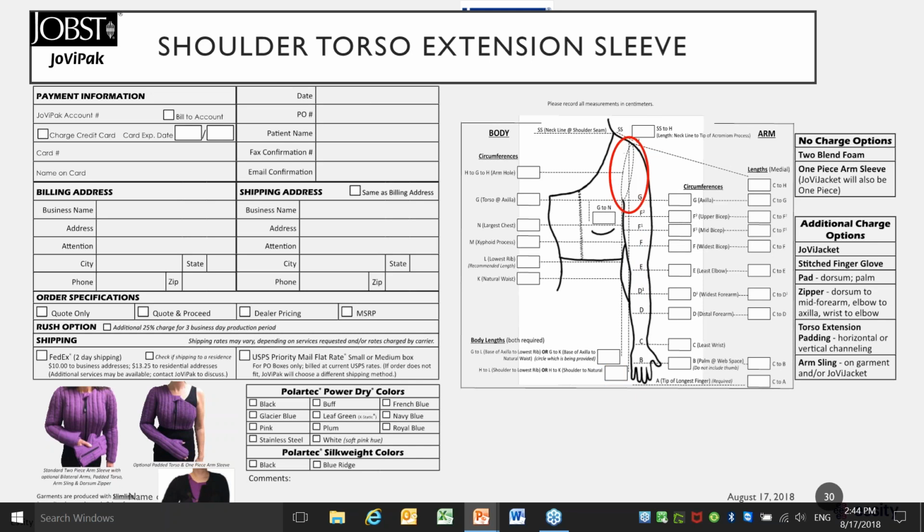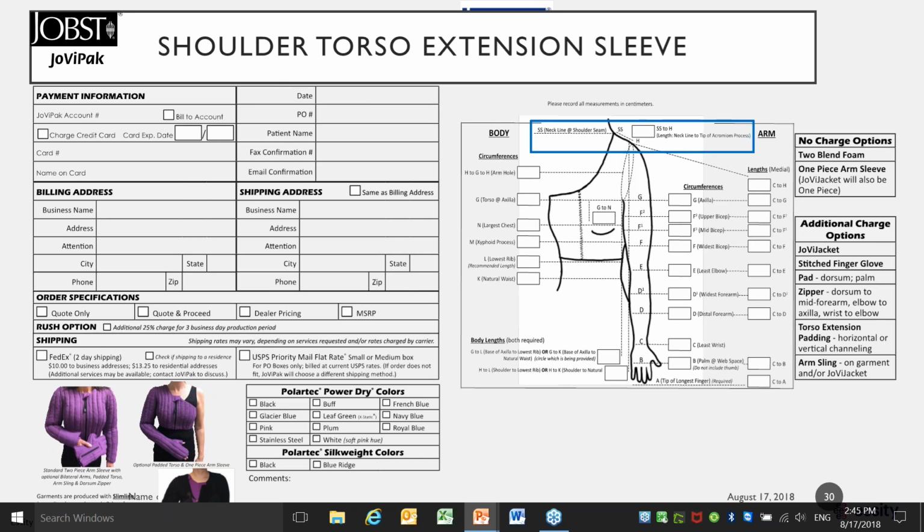We again need a circumferential measurement around the armhole from the acromion process under the armpit, and back around to the acromion process. And that is recorded there under circumference as the H to G to H, which we've discussed previously.